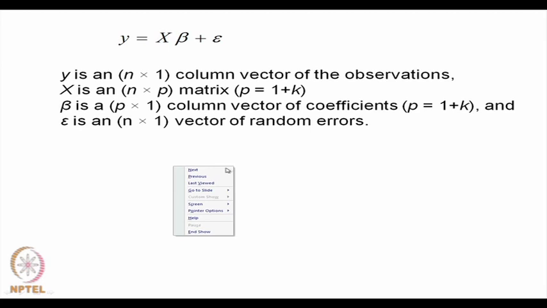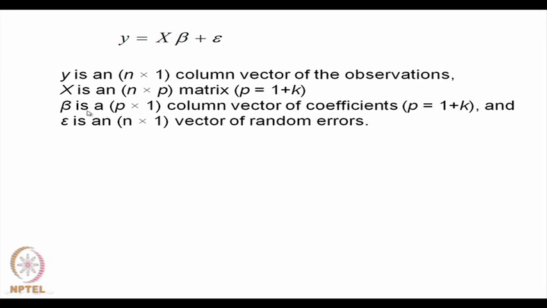And since we have many observations, it is possible to convert it into a vector matrix form. We had y 1, y 2, y 3 etcetera. We can write y as a vector of all the observations of the dependent variable. Since there are n observations, it will be an n by 1 column vector. X can be a matrix n by p, where p equals 1 plus k.